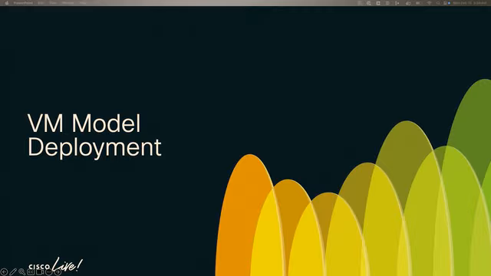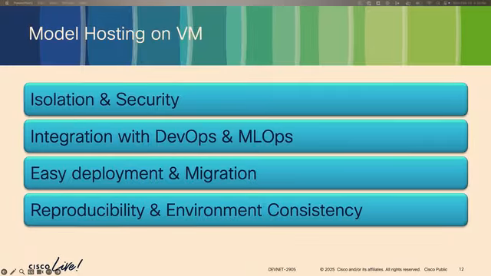And why would you bring it up on a VM, right? There are good advantages for that. For example, it provides isolated environments for different applications, so you can prevent conflicts between the applications and the model, right? You can have improved security. It's really easy to deploy with CI/CD pipelines.